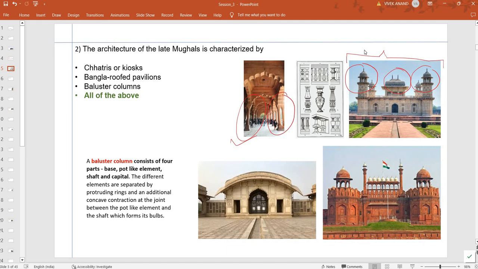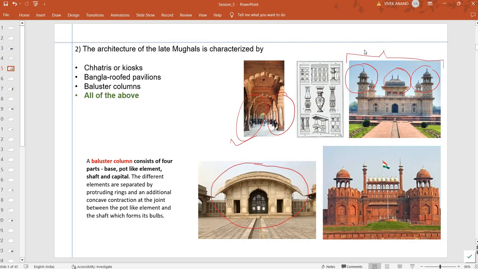In this picture, can anyone tell from where this picture is taken? Which building? You can even do an image search and tell.